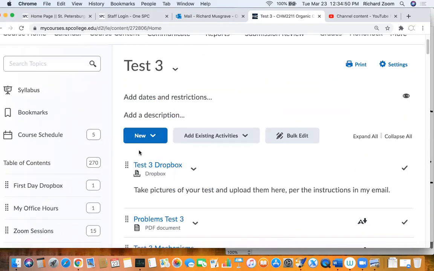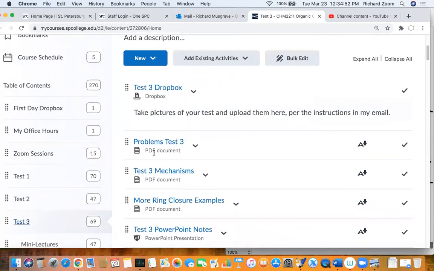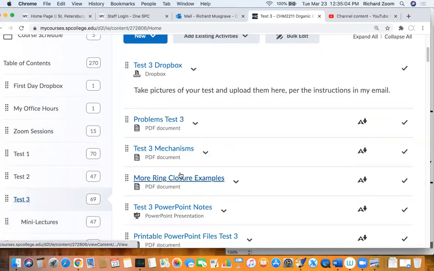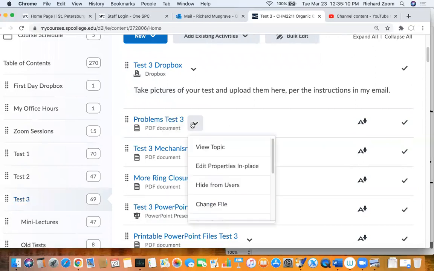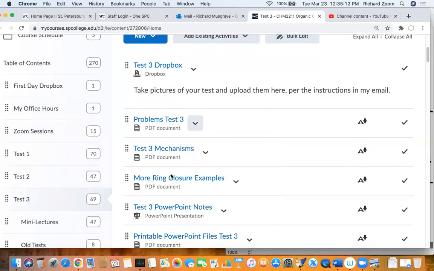I did get an email from somebody last week requesting that I tell you what kinds of questions are going to be possible for the test on question 1. So I'm going to honor that request now. This is in the blue book, or problems test 3.